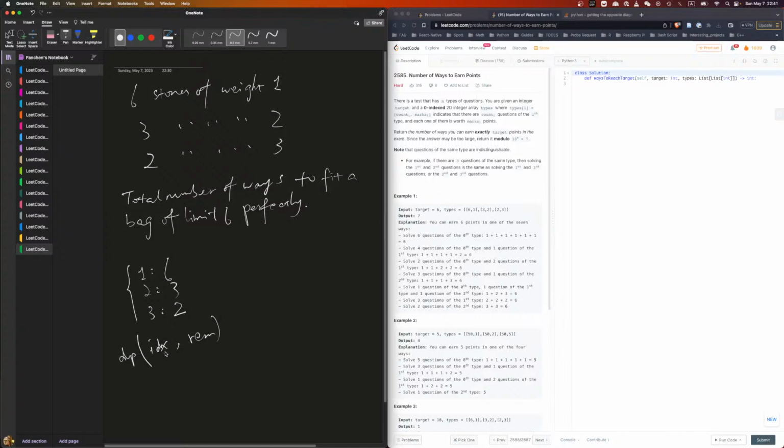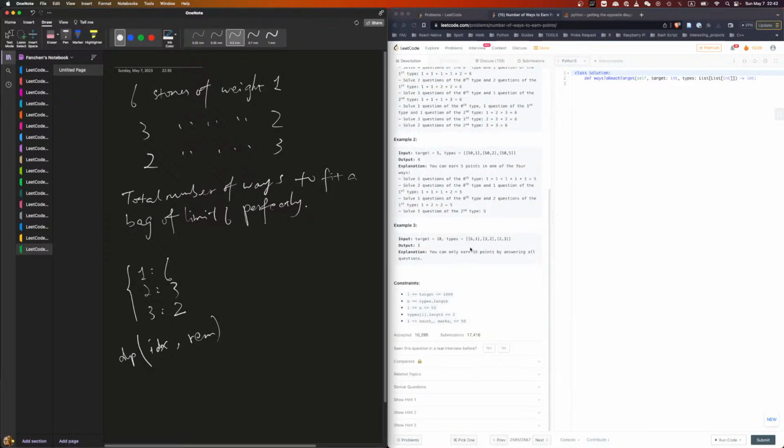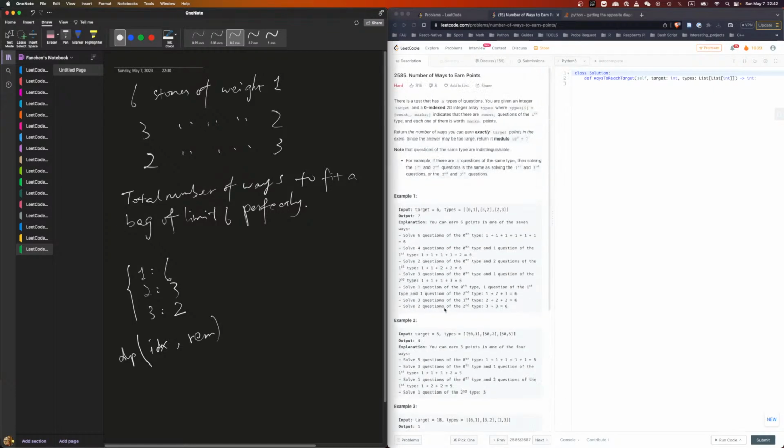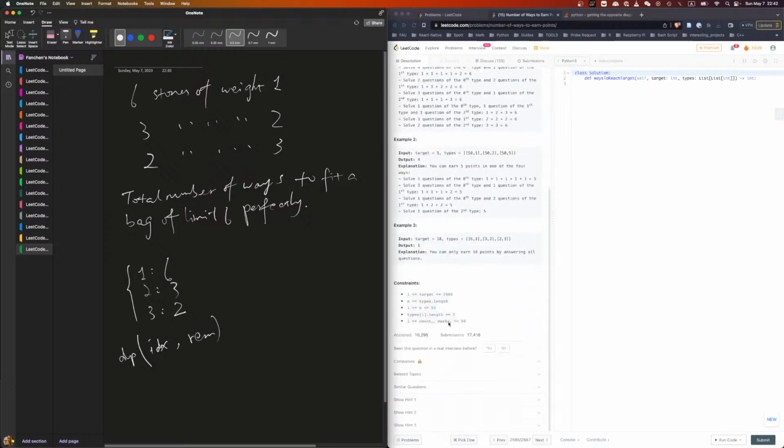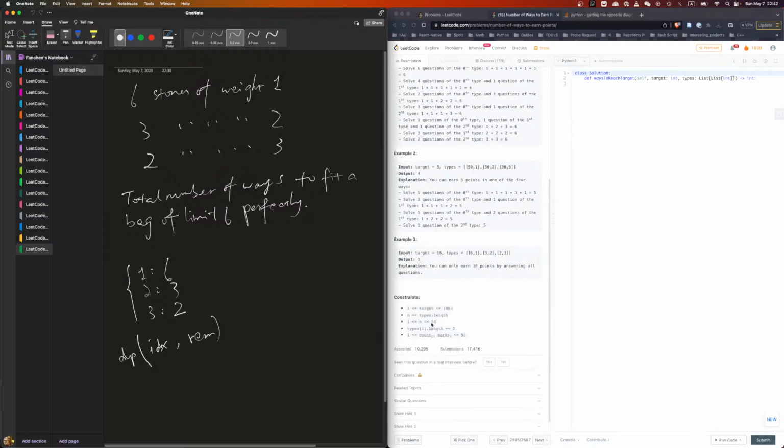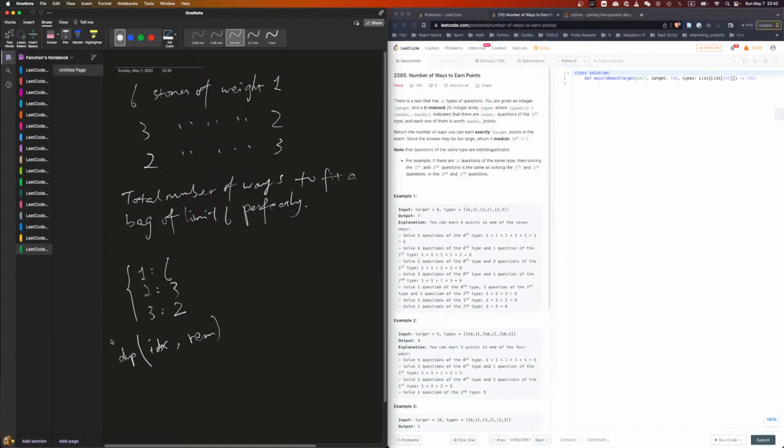And at each index, you can go through every single one of these. But hold on, how many do we have? Target is smaller than 1000. N is types.length. Mark count is smaller than 50. Yeah, we have with an index.